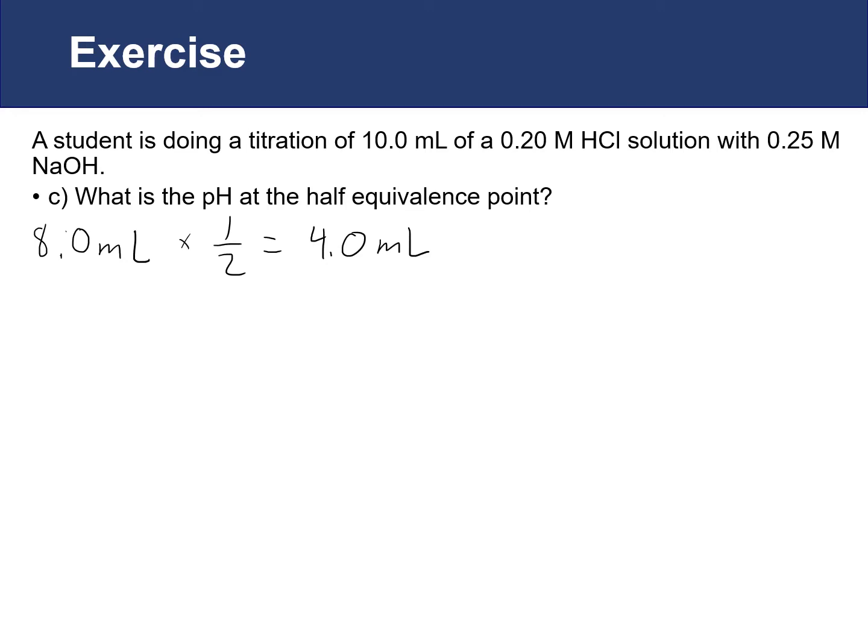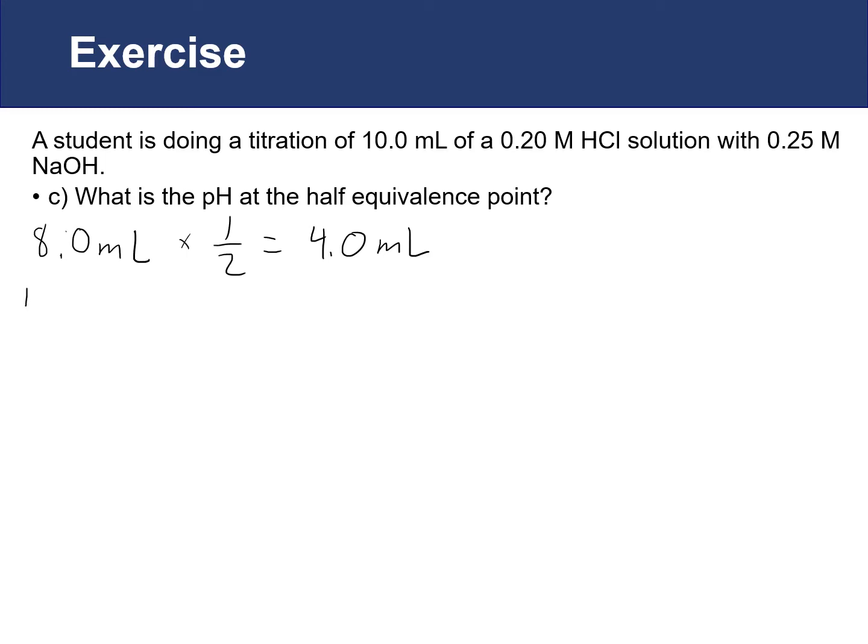the dilution. So the half equivalence point is the place where you've neutralized 1/2 of your original acid. If we calculate the number of moles of original acid, we can just take that number and divide it in half.